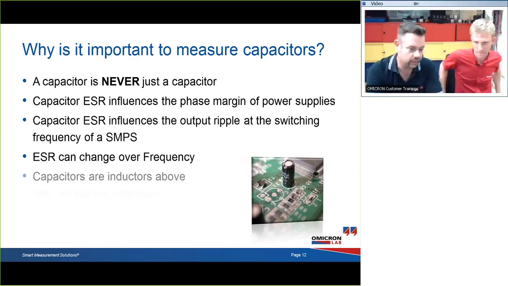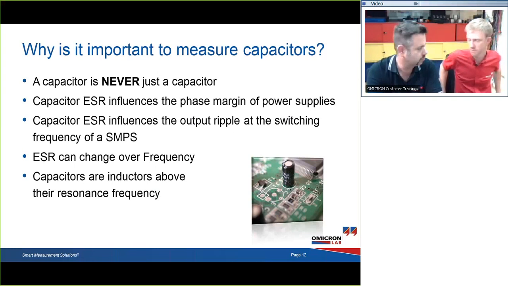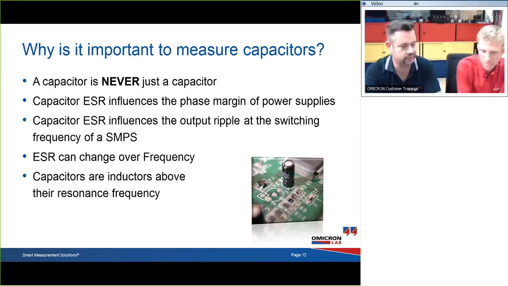Finally, capacitors become inductors above the resonance frequency, so it should also be known if the capacitor we are planning to use is really still a capacitor at the frequency. So these are all reasons why we want to test capacitors.